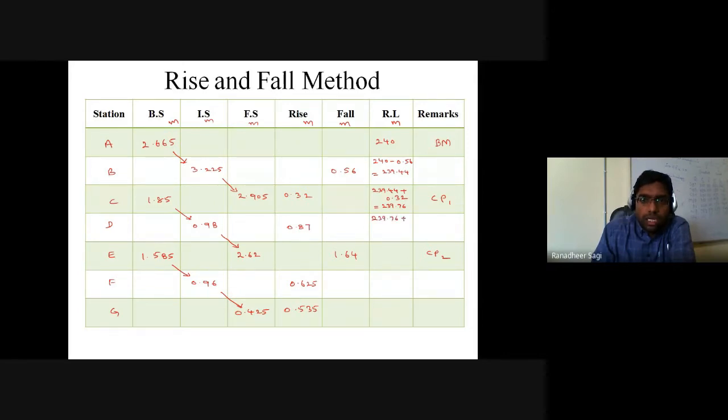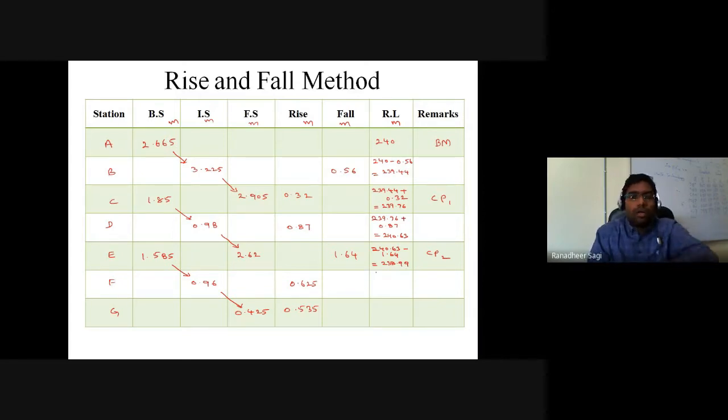Next, RL of point D is RL of point C, which is 239.76. It's again a rise, so plus 0.87, which is equal to 240.63. Next, RL of point E is equal to RL of point D, 240.63, and at E it's a fall, so minus 1.64 gives 238.99.